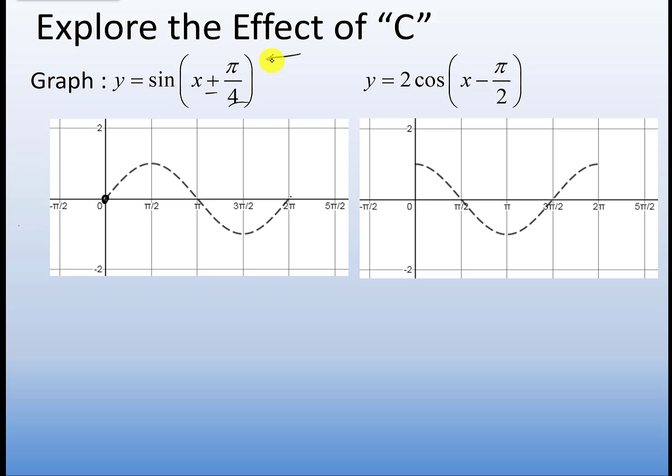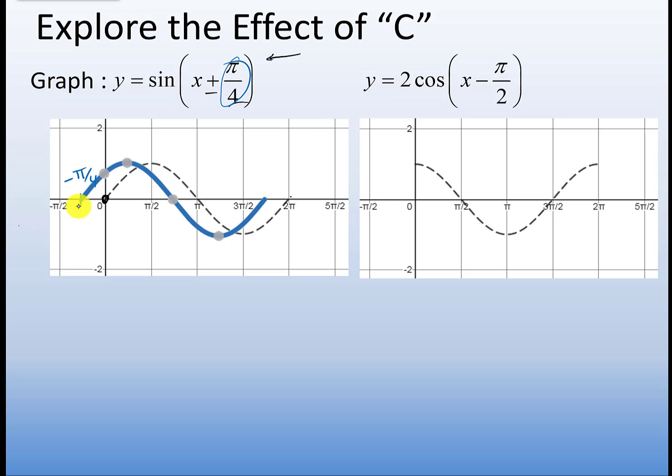So after some discussion in class, you'd probably all be agreeing that, oh, it's going to go to the left, and it's going to shift over here to this value of negative pi fourths. Some people might debate that, and then we'd graph, and it actually did shift to the left, and it landed right where this value was, pi fourths, except it was on the negative side.